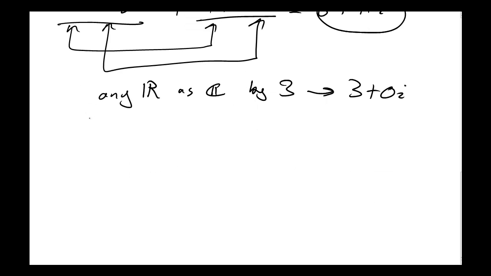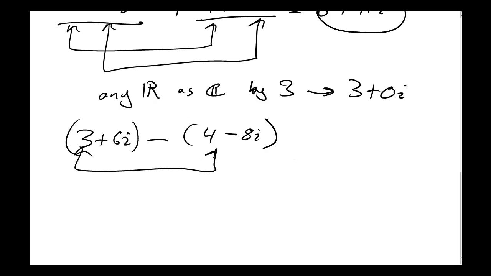That's nice. We can also talk about subtraction. 3 plus 6i minus 4 minus 8i. In subtraction of complex numbers, again, we're going to add or subtract like terms to like terms.